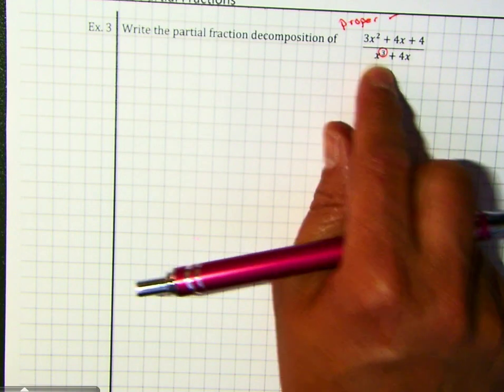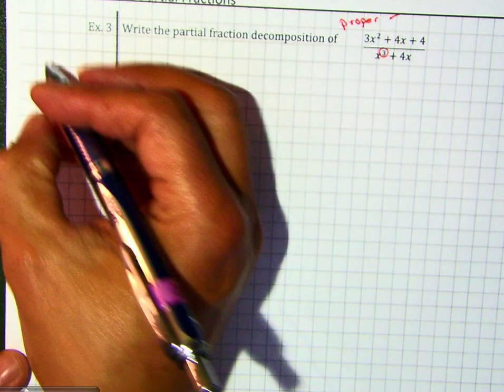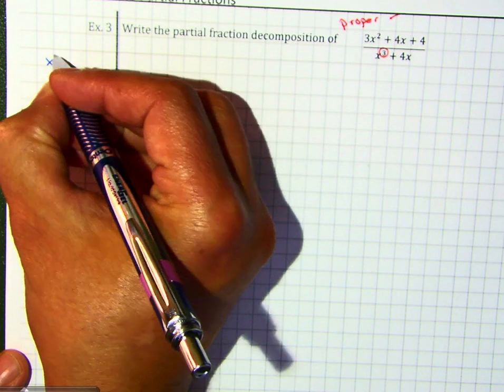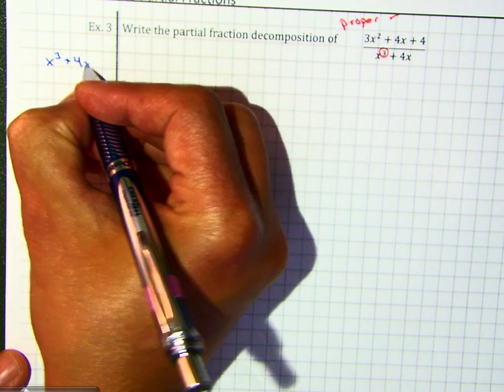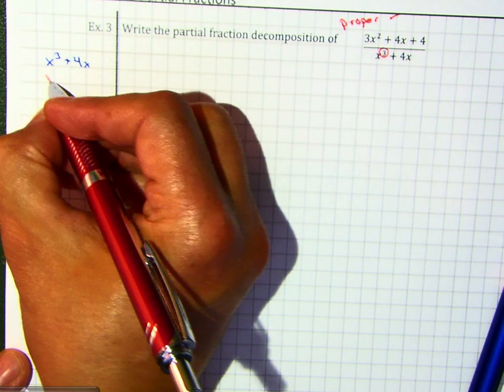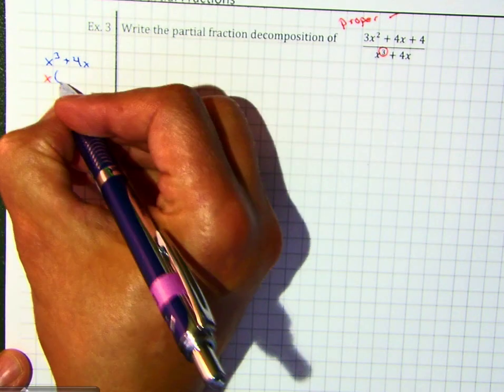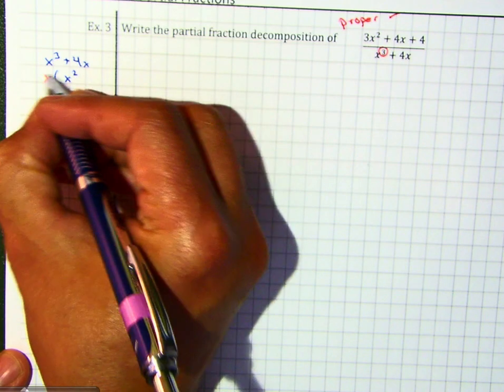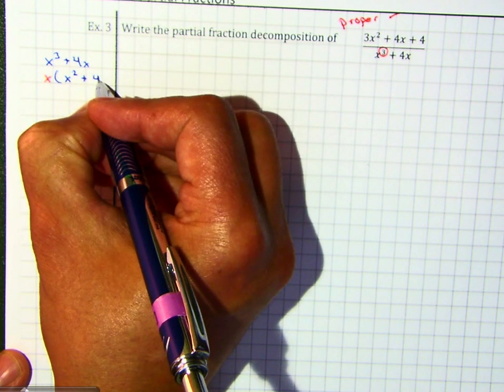So I'm going to factor my denominator, and I'm going to factor on the left-hand side. So we have x to the third plus 4x. And I can factor an x out, and what's left behind? We have x times x squared, x times positive 4.